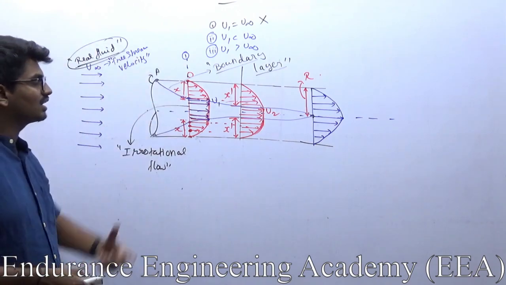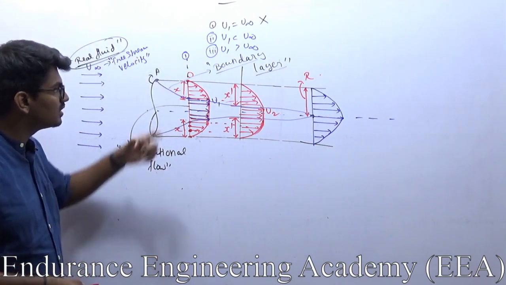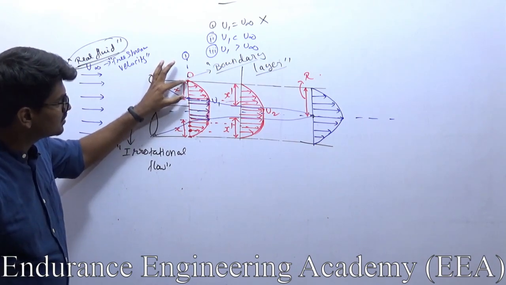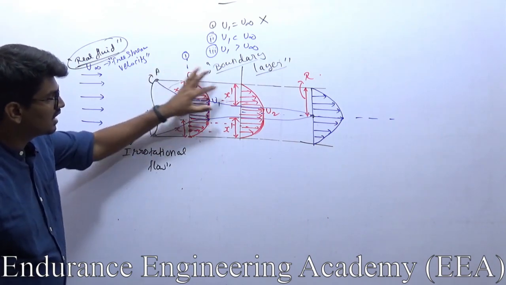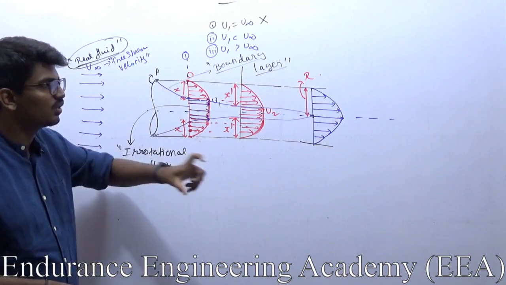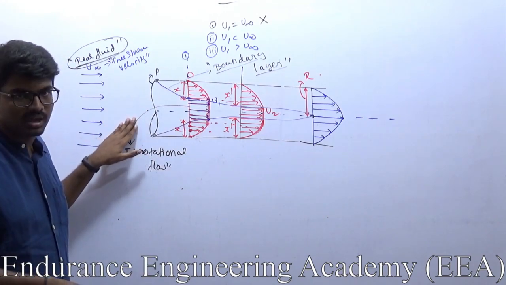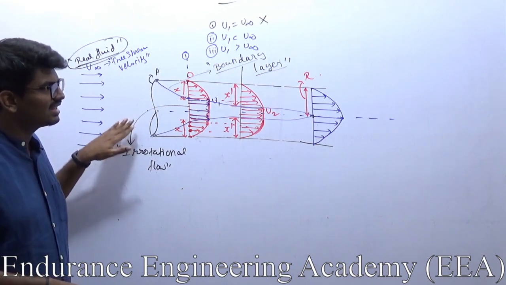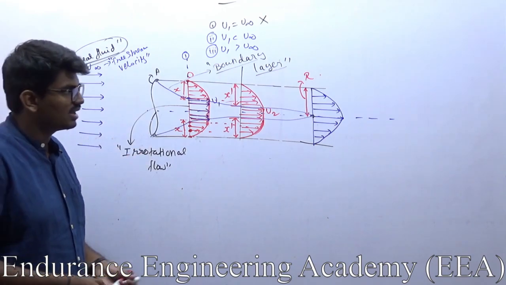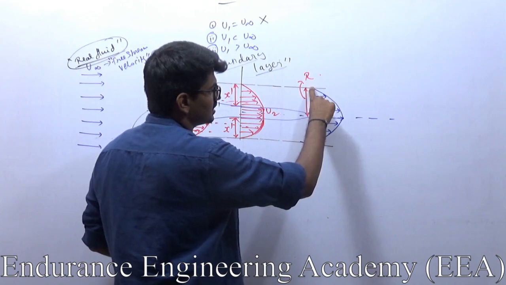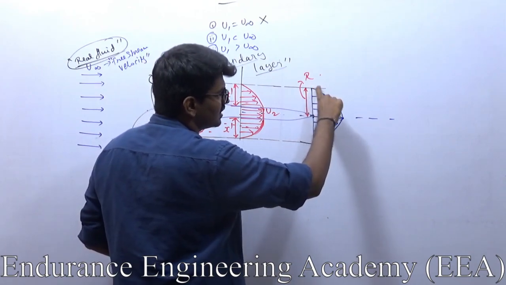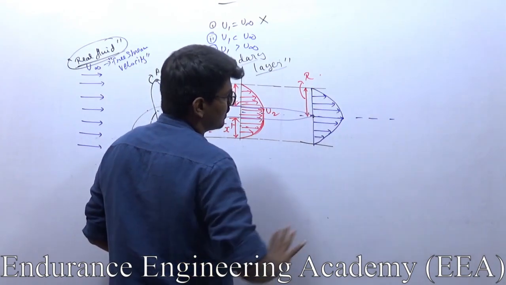Now, what is the maximum boundary layer thickness possible? See this distance, from zero velocity until the boundary layer, that is the boundary layer thickness. In the case of flow inside a pipe, what is the maximum boundary layer thickness possible? Pretty clear, right? It is the radius. After this radius there is no possibility for further development of the boundary layer.